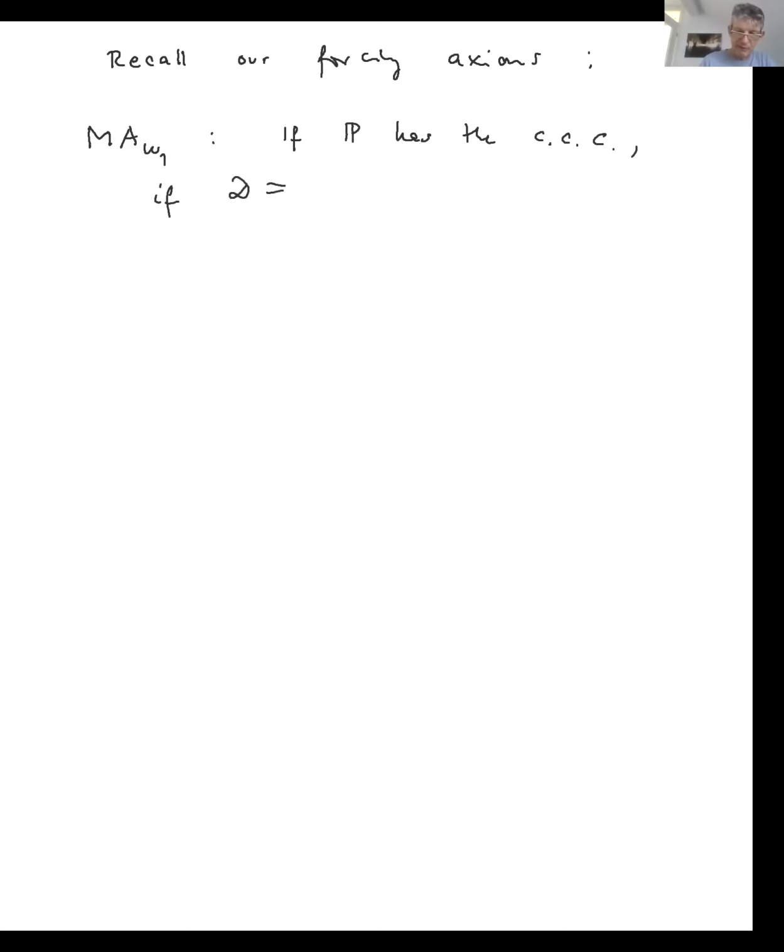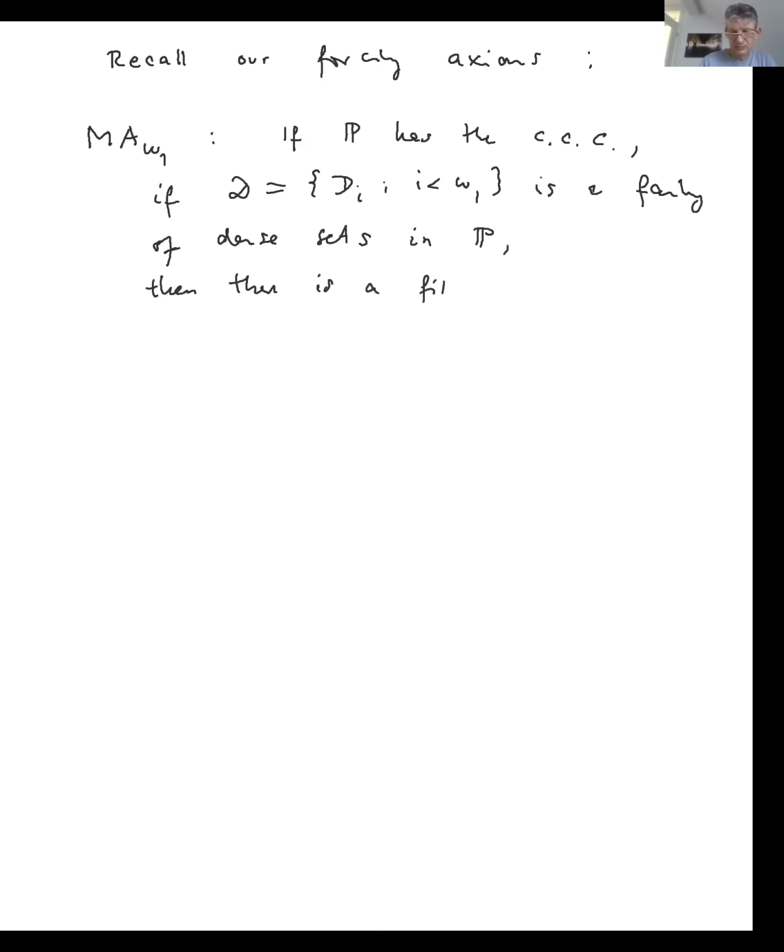So if D is a family of dense sets, so dense sets in the given forcing P, then there is a filter G which meets all of them, such that G intersect D_i is non-empty for all i.